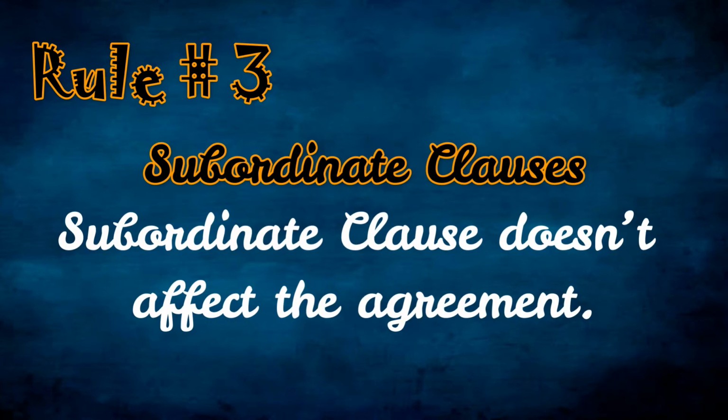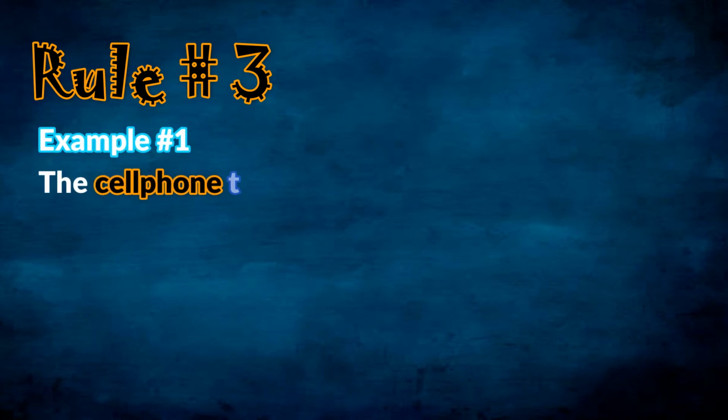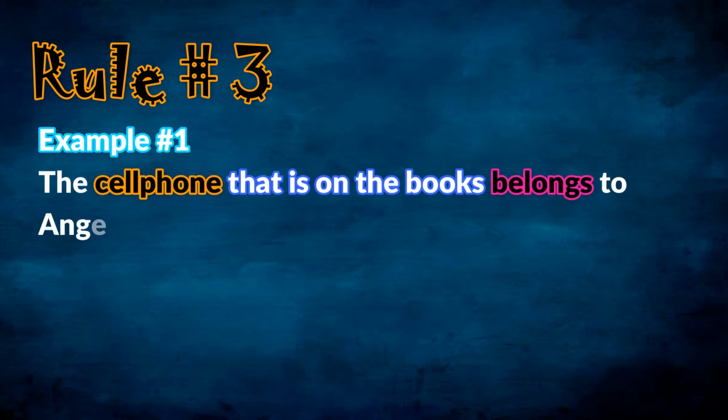Rule number 3. Subordinate clauses. Subordinate clauses don't affect the agreement. Example number 1. The cell phone that is on the books belongs to Angel. Our subordinate clause is that is on the books. It modifies the word cell phone.